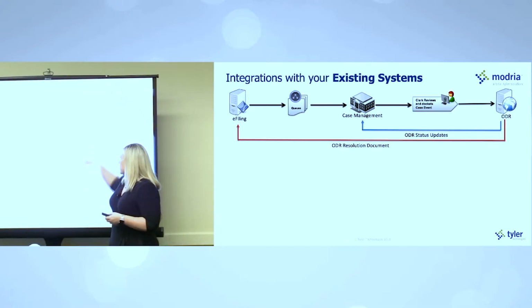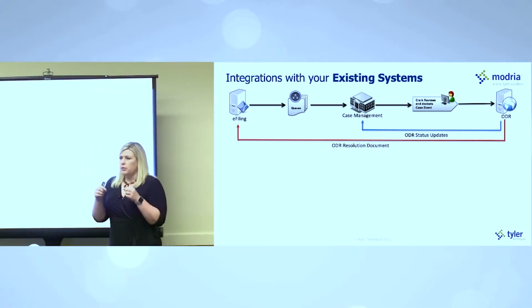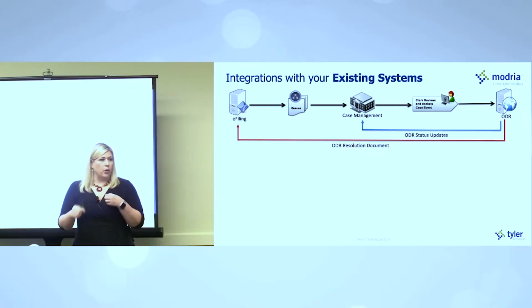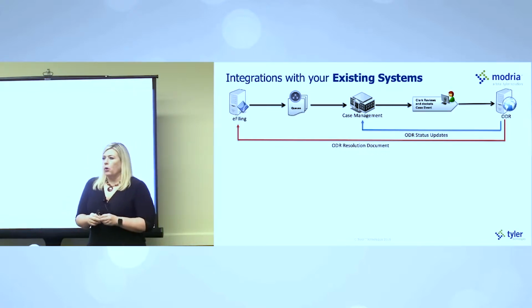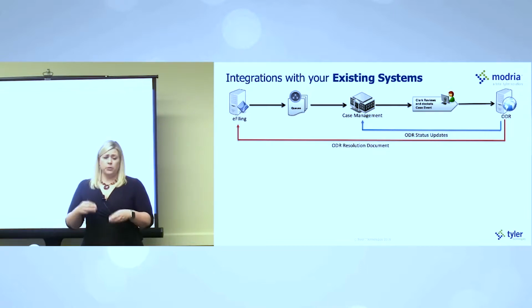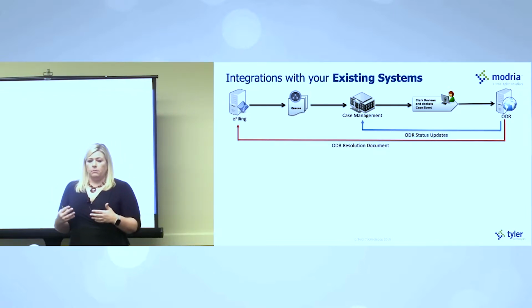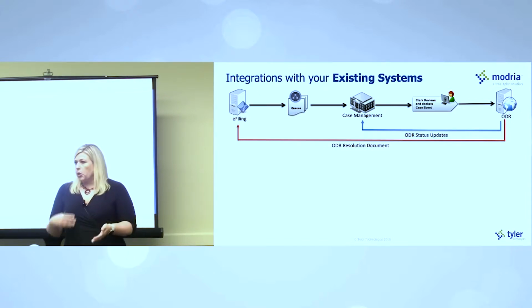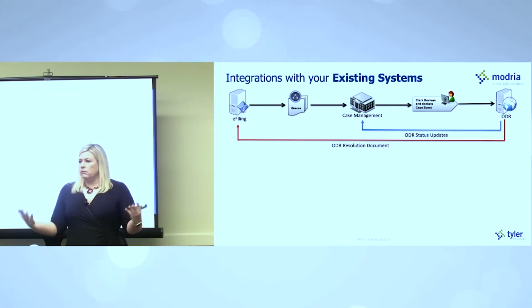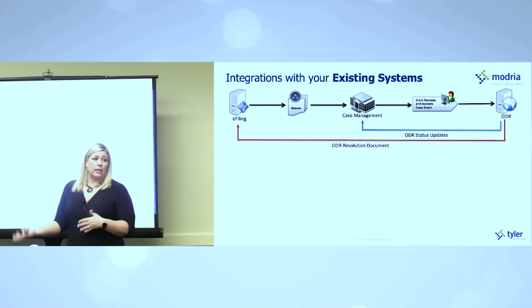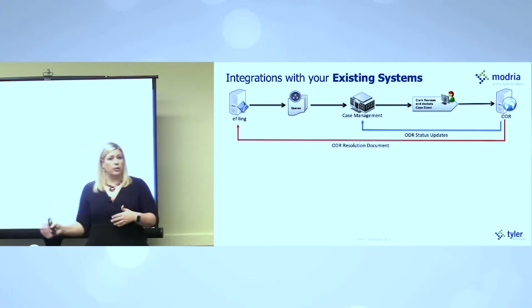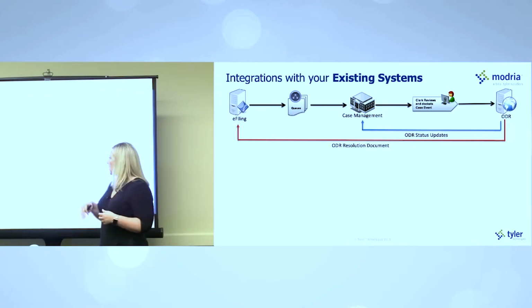So with these ODR status updates, it's not the specific information of what they're negotiating or what resolution they came to. It's really more about whether they are engaged in this process. Have they brought in a mediator to participate? Or did they just decide they're not going to participate at all? It's so you can understand where it is, and maybe what the deadline is, so that we understand when we're going to have that case back in the court.